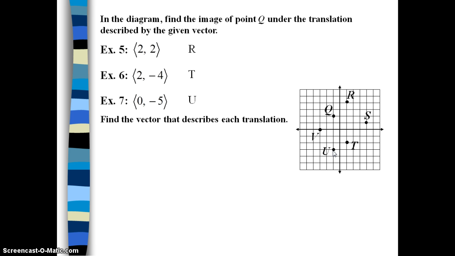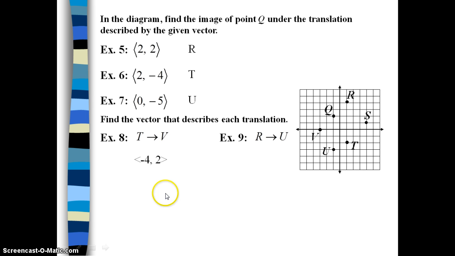Find the vector that describes each translation. So we want to describe how we're going to move from T to V in this graph. So here's T, here's V. I have to go to the left or right first. So I'm going to go 1, 2, 3, 4 spaces to the left, that's -4. Then up 2, that's +2. So the vector is <-4, 2>.